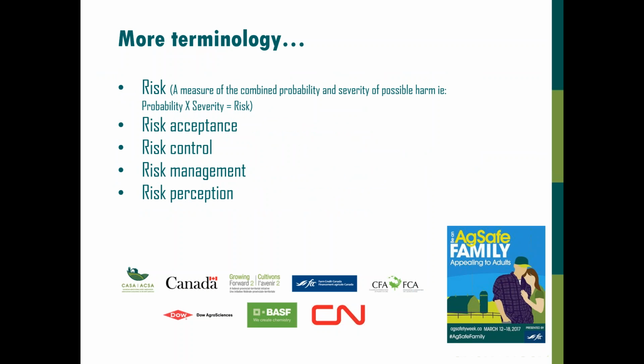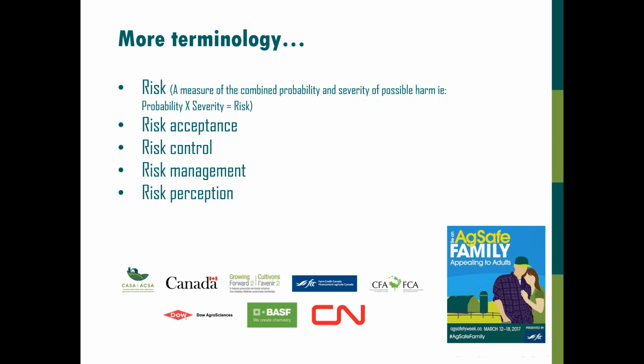More terminology that we should be aware of is the term risk. Risk is the product of severity and probability. Risk can then be identified in a variety of fashions. Risk acceptance is the person's willingness to accept the risk.